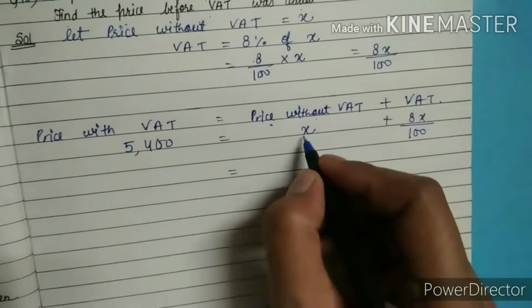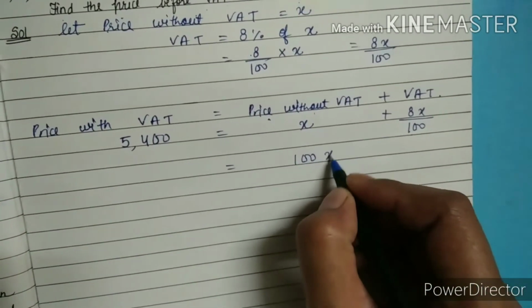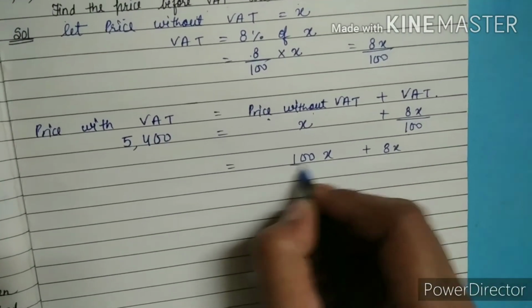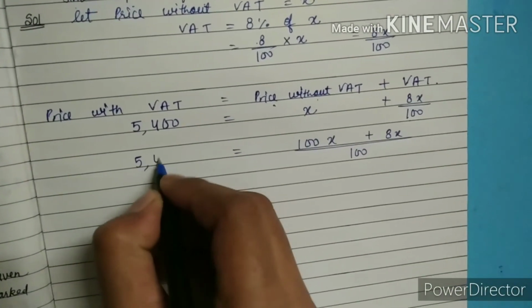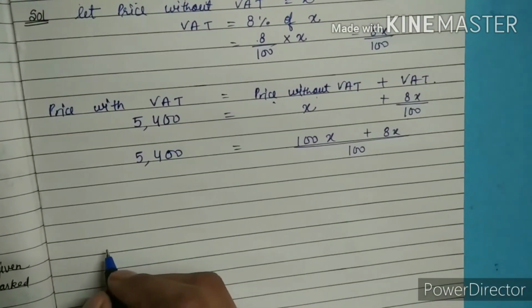Here 100 will multiply by x, so it will give us 100x plus 8x, completely divided by 100. On the opposite side we have 5400.